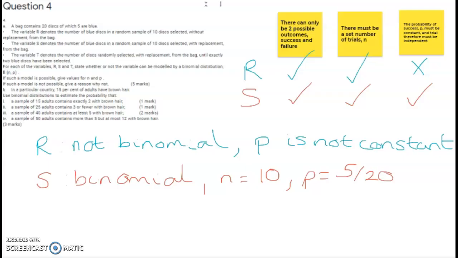Final variable, T, denotes the number of discs randomly selected. What is success? Success is when I have exactly 2 blue discs, but for every trial I don't succeed or fail, so I do not have a success or fail option. There is also not a set number of trials, I'm keeping going until I get 2.